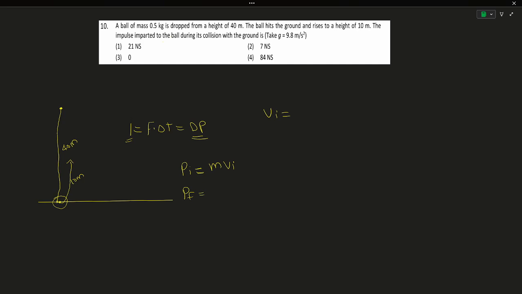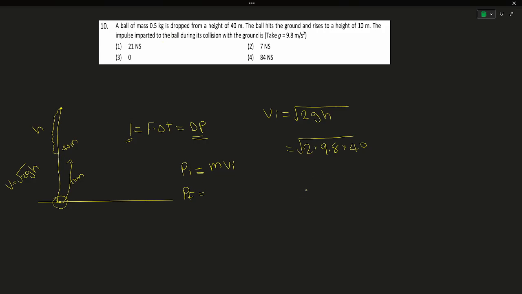When it travels a distance h, its velocity will be v is equal to root 2gh. We know that. So the initial velocity is v equal to root 2gh, with g as 9.8 and h equal to 40 meter.